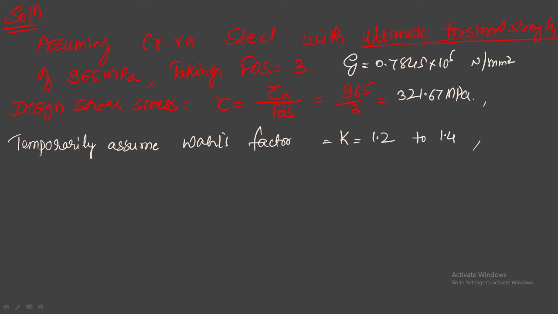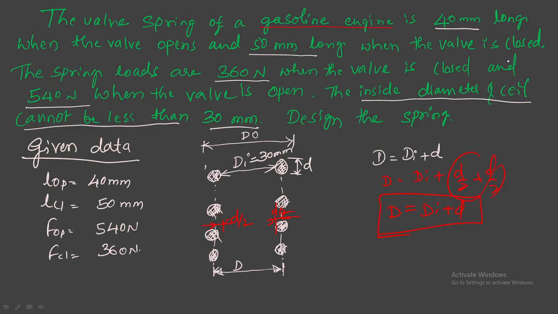Now we got all properties. Based on these properties, you can find out the diameter of wire. One more thing is that you need to find out the value of F here. The maximum value of F is 540 Newton.